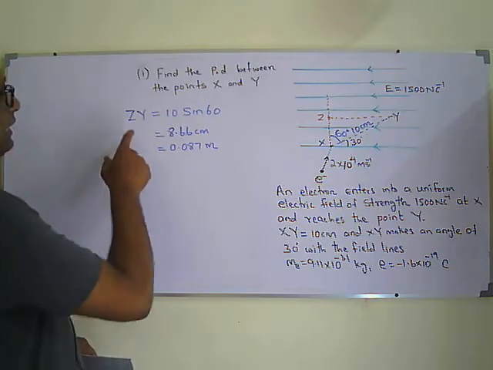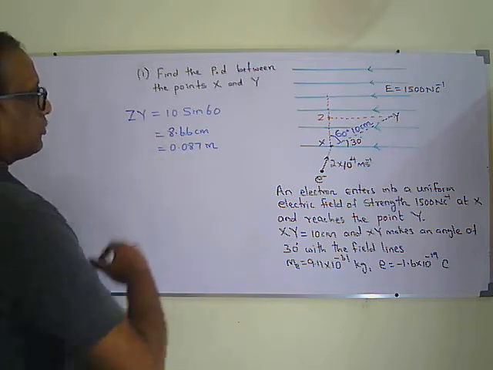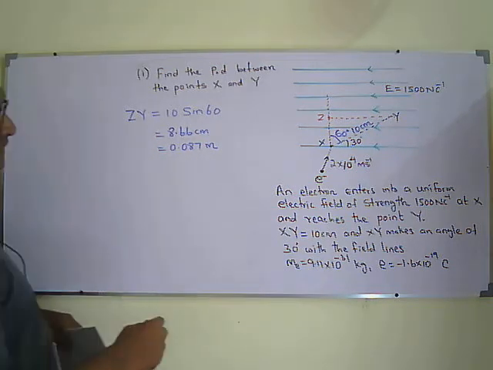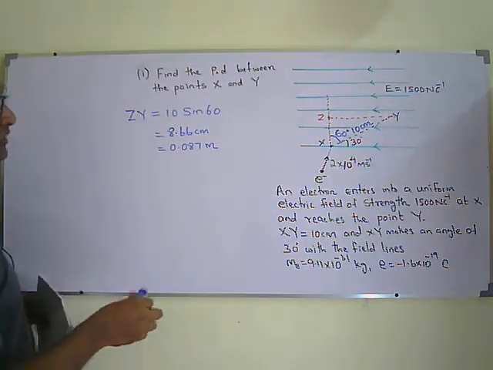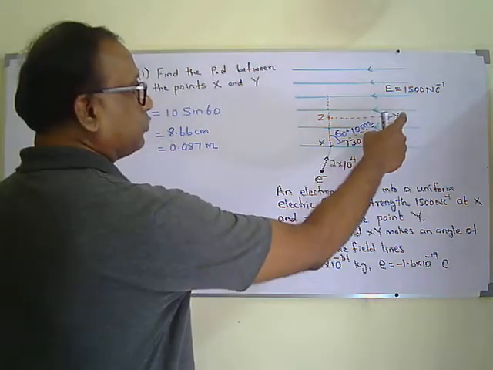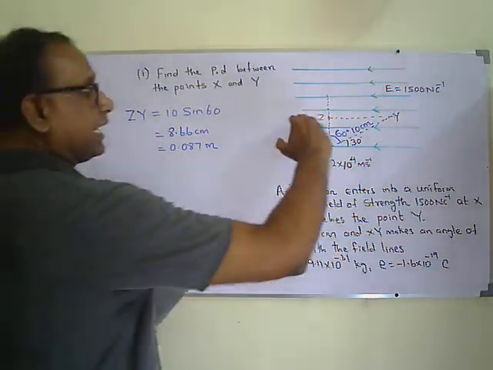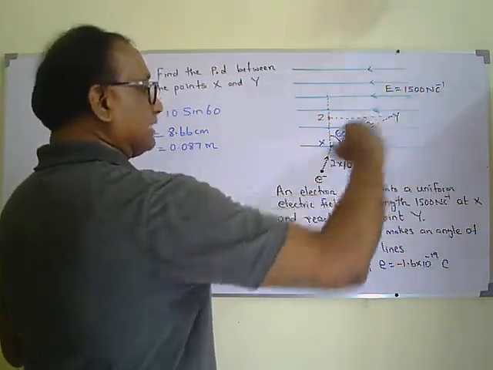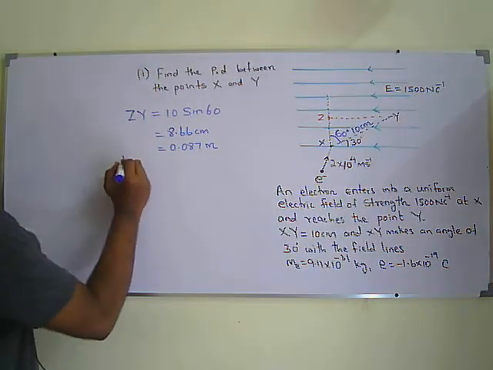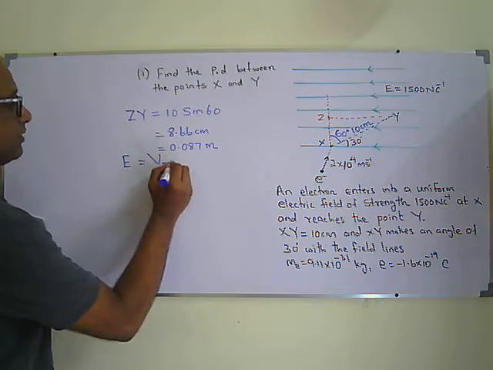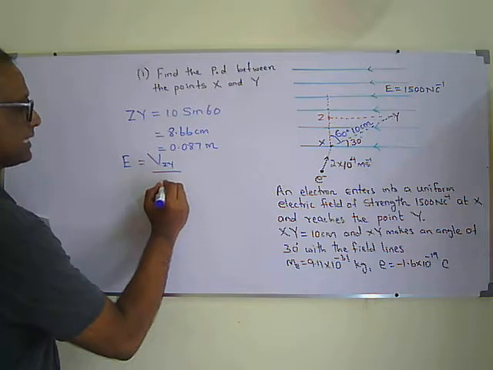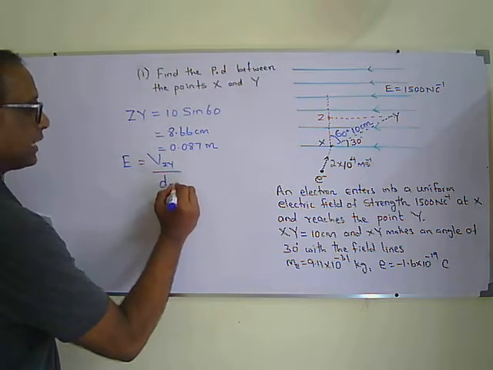So the length ZY is 0.087 meter, right? Now we can find the potential difference between Z and Y. Because that line is parallel to the electric field line, I can say E = V between Z and Y over the distance ZY.